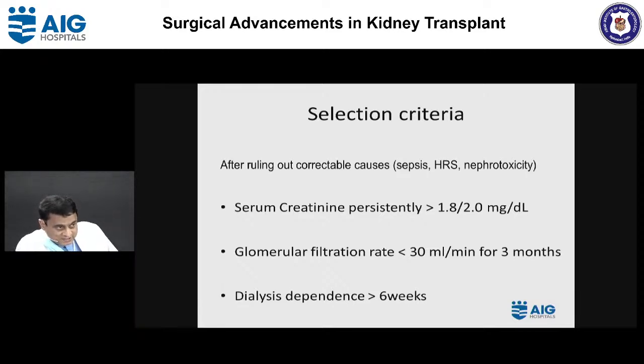But the same patient for DDLT might be okay, because you get a big graft, especially if the quality of the graft is good, and there is a much better chance that the patient will get time for the kidney to recover. GFR less than 30 for 3 months, yes, and definitely dialysis dependence for greater than 6 weeks can be a criterion.